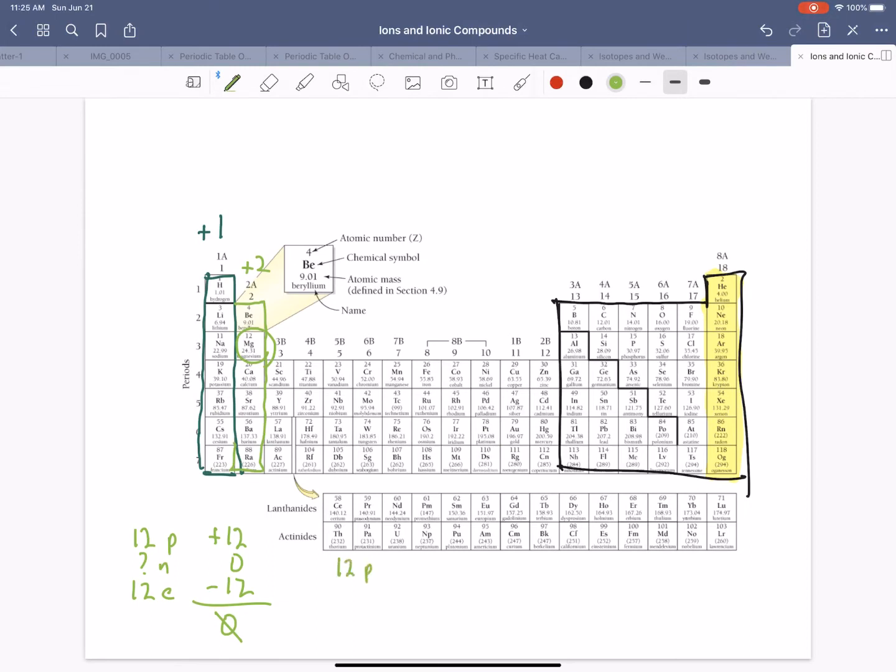Magnesium would have 12 protons, some neutrons, and if it loses 2 electrons, it has 10 electrons. And the overall charge is +2. So everything in column 2, beryllium, magnesium, calcium, strontium, barium, and radium, when they become more stable by forming ions, they lose 2 electrons. Metals in group 3 would lose 3 electrons and form +3 ions.